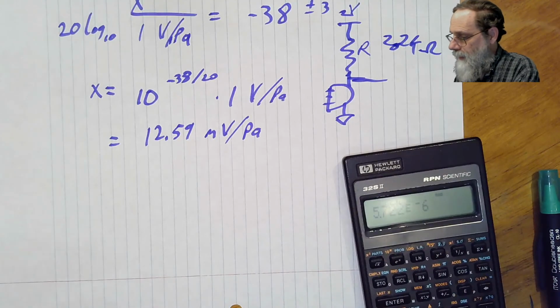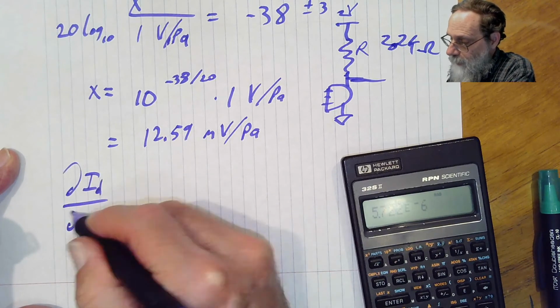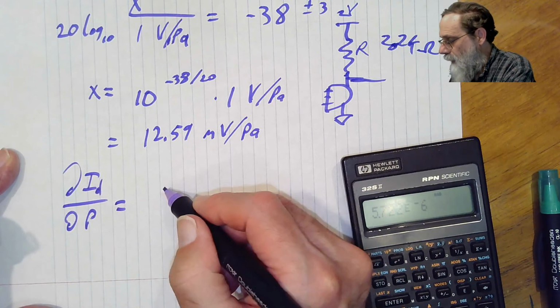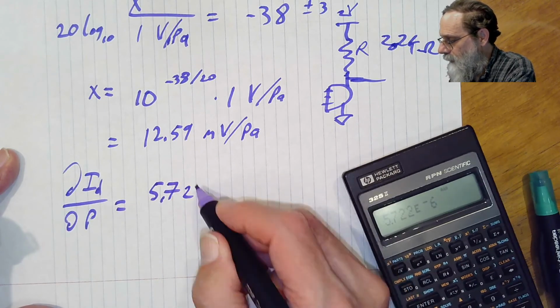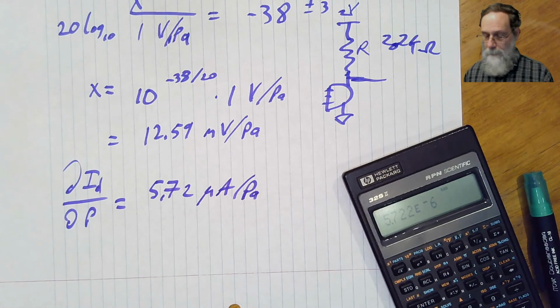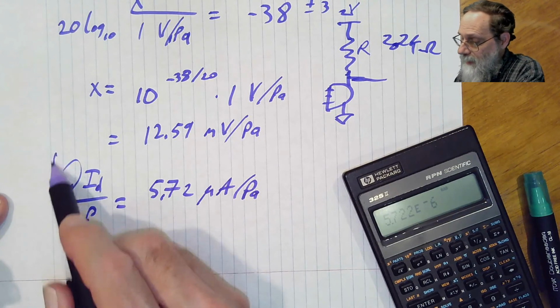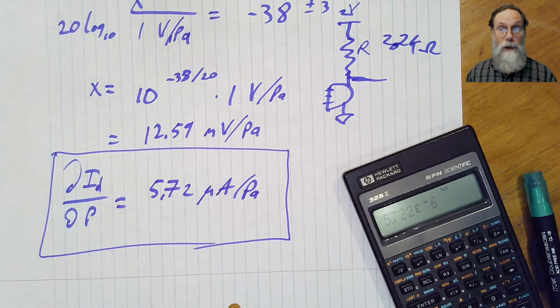So I'm getting that what we really have for sensitivity, the derivative of the current with respect to pressure, is 5.72 microamps per Pascal. Okay, so that's the sensitivity of this microphone, and I can use that now as long as I stay in the saturation region, so I'm keeping a high enough voltage across the microphone.